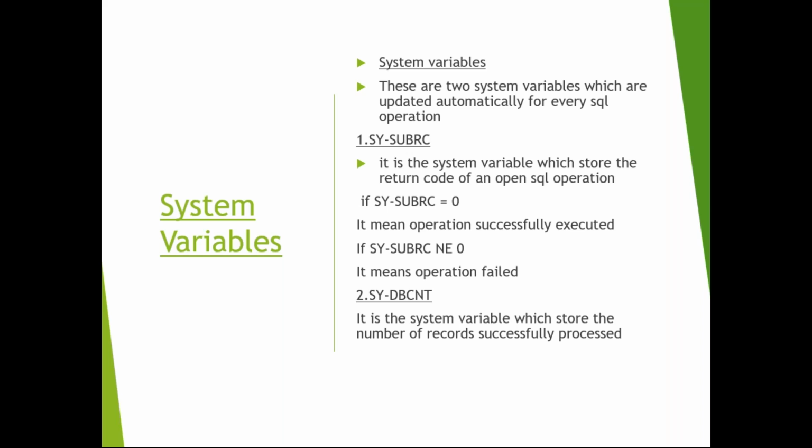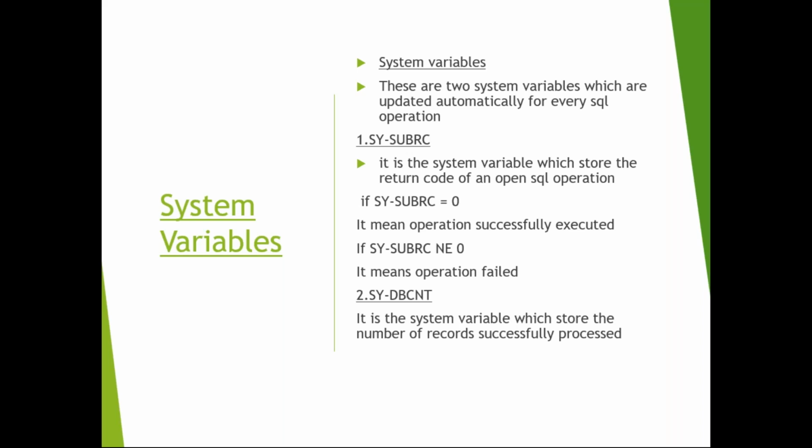Now the next one, you have sy-dbcnt. sy-dbcnt is basically used to count how many records got processed successfully. That means if you are writing a select statement and you bring all the data to an internal table, and you want to find out how many records have been fetched from a DB table, then you can use this sy-dbcnt. It will count how many records have been fetched from a database table.